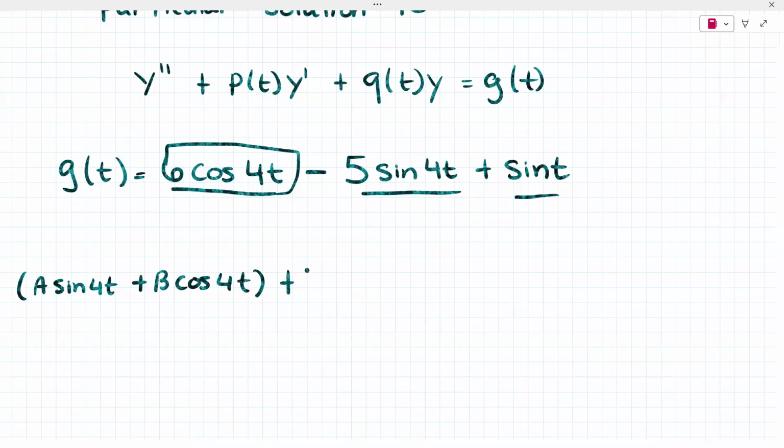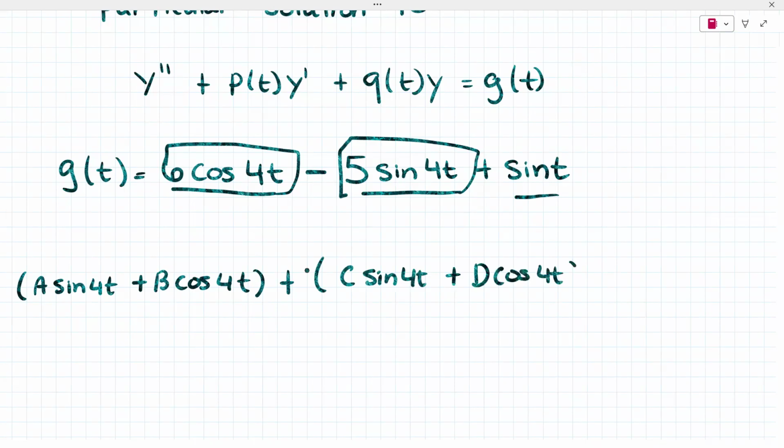Plus negative 5 sine of 4t is going to be plus c sine of 4t plus d cosine 4t, plus, and then sine of t, this one right here, would be expressed as e sine of t plus f cosine t.